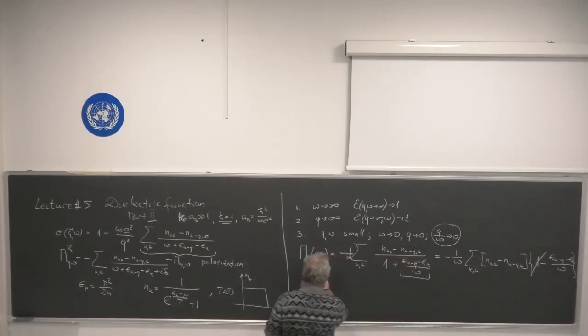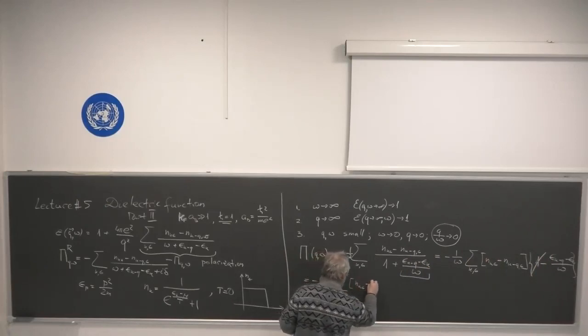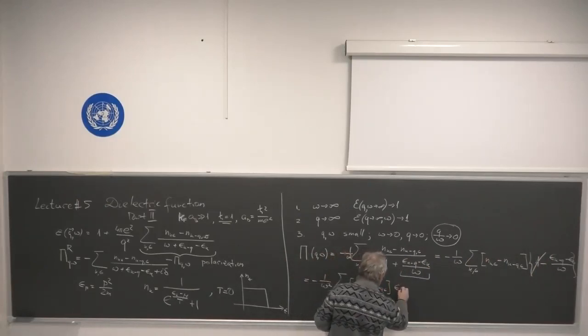So what remains is minus 1 over omega squared, and I have the sum over k sigma, n k sigma minus n k minus q sigma, multiplied by epsilon k minus q minus epsilon k.